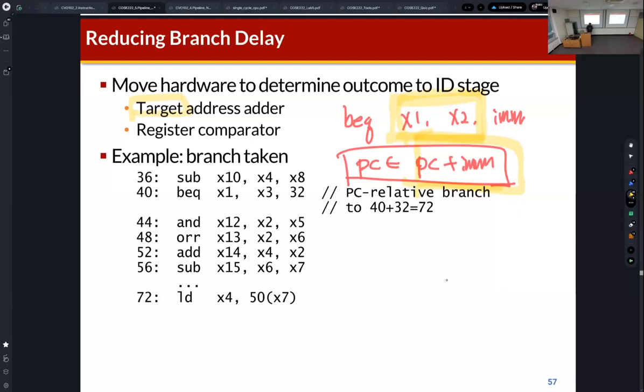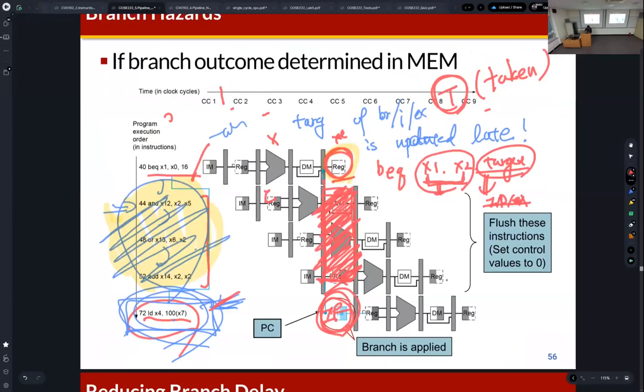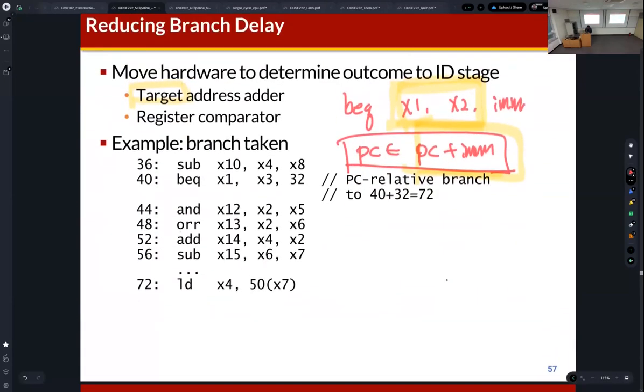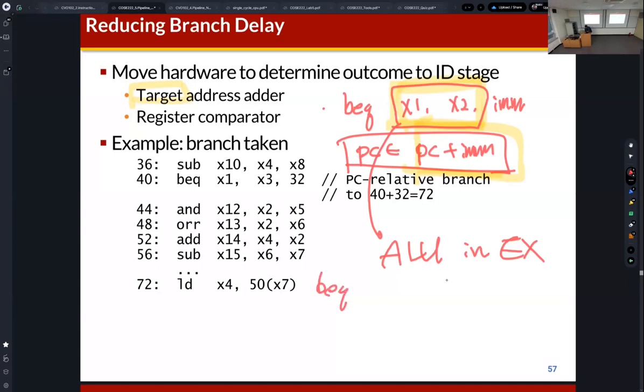The problem is that in this architecture, X1 is compared with X2 by the ALU in the EX stage. But in order to support the BEQ, we just compare the equality of X1 and X2, the two source registers.